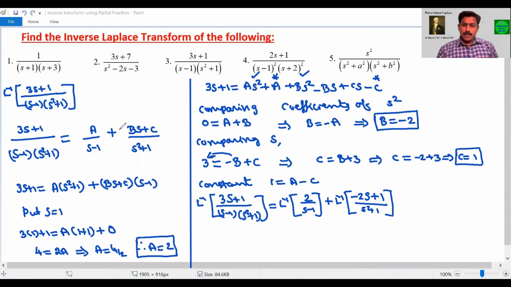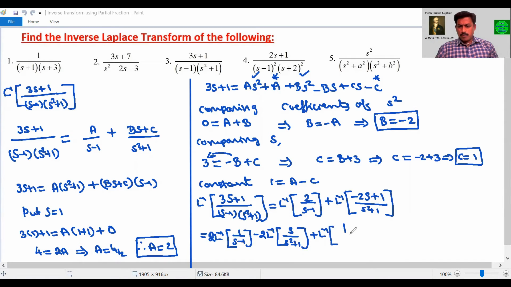Now I'm going to divide this into three terms, that is 2 into L inverse of 1 by s minus 1, minus 2 into L inverse of s by s square plus 1, plus L inverse of 1 by s square plus 1.